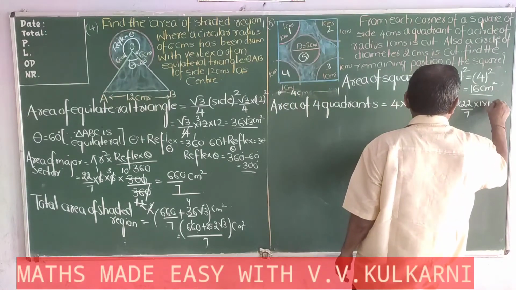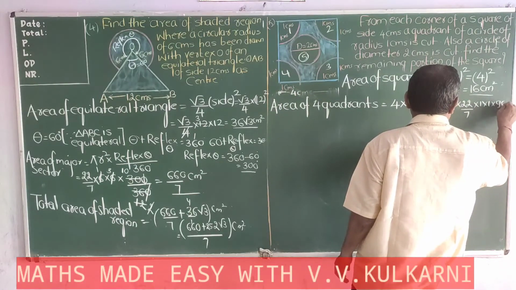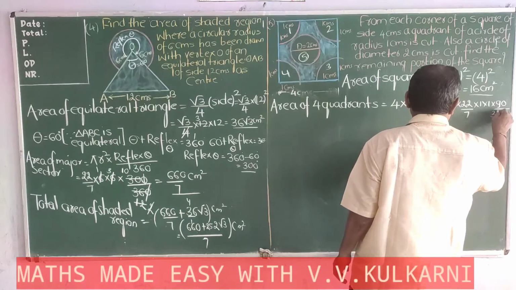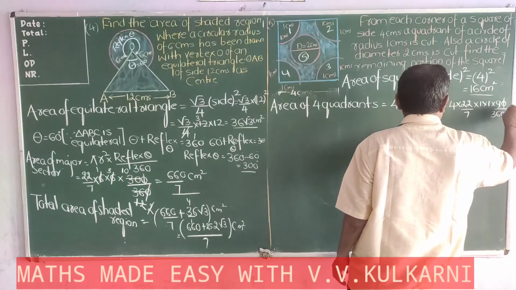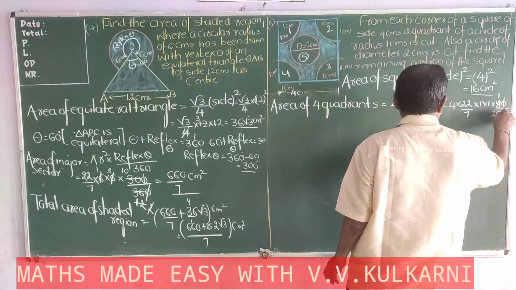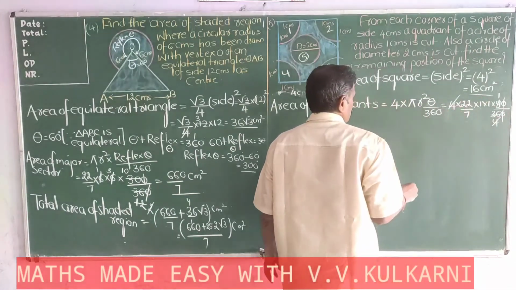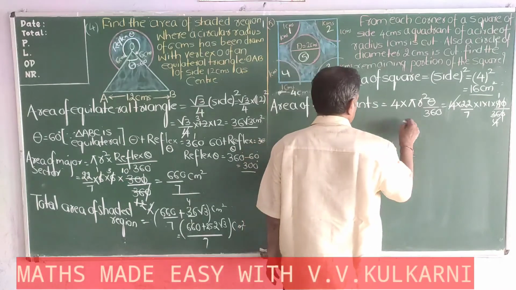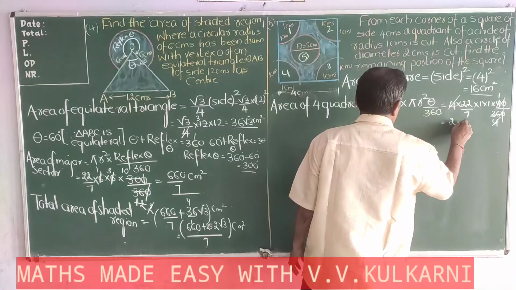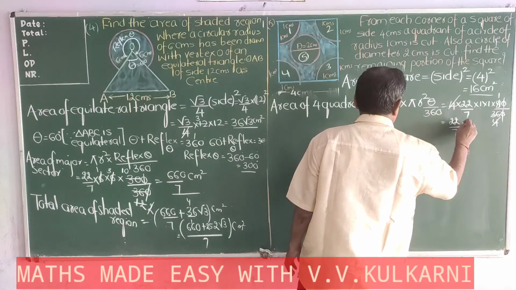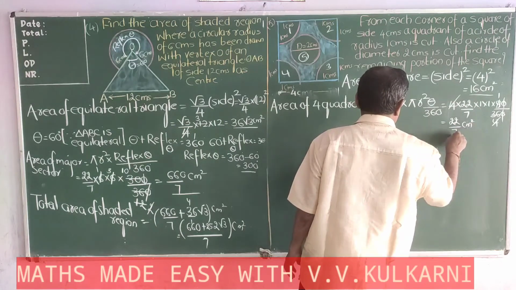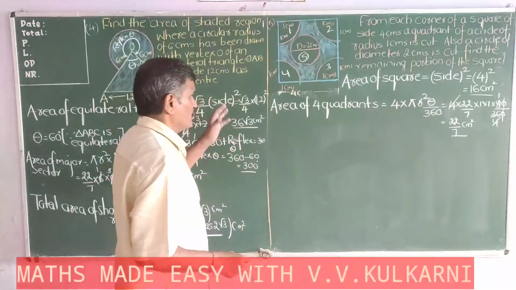So 1 into 1 into theta is 90 because it is a quadrant, 90 by 360. Children, 0 cancels 0, 9 1s are 9, 9 4s are 36, 4 4 cancels. So finally what I am going to get here is 22 by 7 square centimeter. This is the area of 4 quadrants.